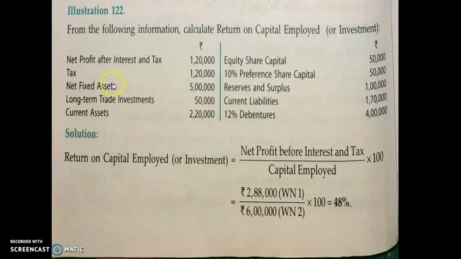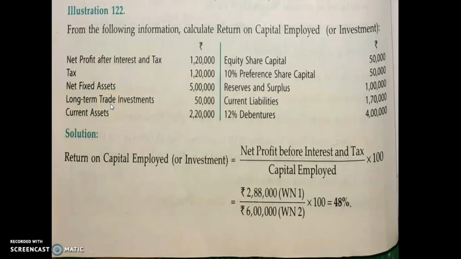Now children, let us move to the next problem. From the following information, calculate return on capital employed. Some items are given to you. Net profit after interest and tax, 1,20,000. Tax is 1,20,000. Net fixed asset is 5 lakh.